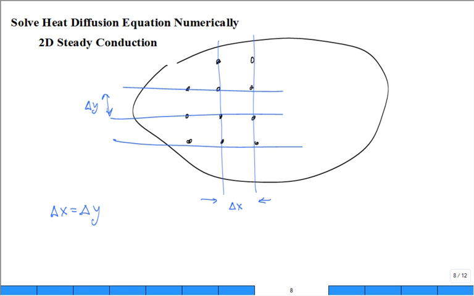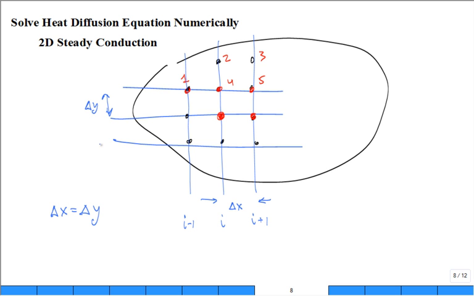And what you're doing is you're looking to calculate the temperature at this location, this location, this location, at those particular nodes. You could number them. You could say, oh, this is location 1, this is location 2, this is location 3, 4, 5. Or you could talk about its location in x. This will be the i minus 1, this will be the i plus 1 index.